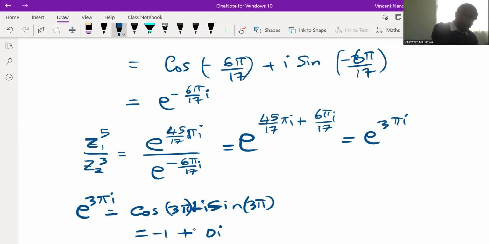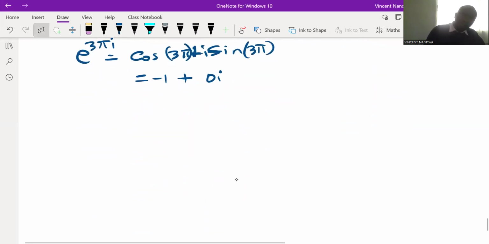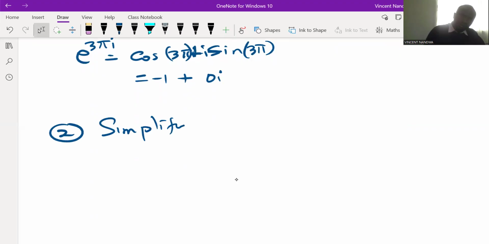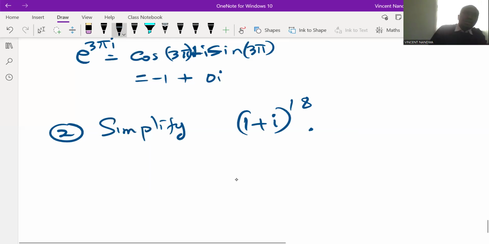Then another example. Simplify 1 plus I power 18. So when you are given such a complex number, first thing you change it into the polar form.